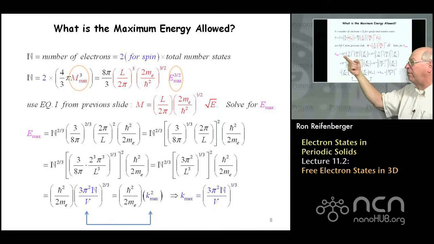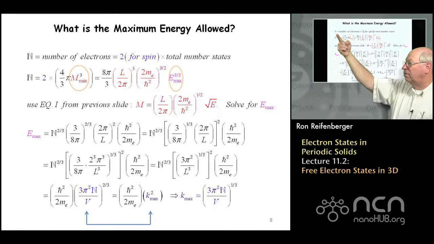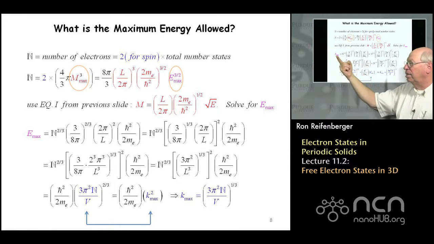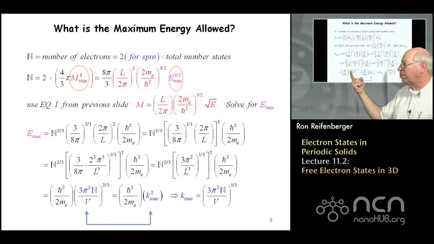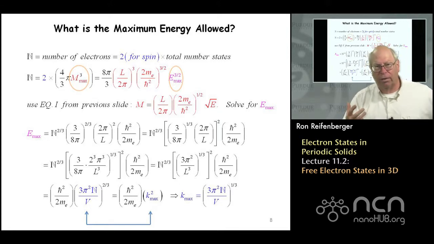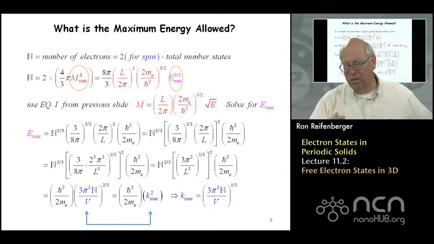And at the end of the day, we find out that in order to accommodate these N electrons that are dumped into the system, the maximum energy that the electrons can have is going to be just given by this quantity. It's this familiar h bar squared over 2me times 3 pi squared times the number density, N over V, of the number of electrons contained in this solid.